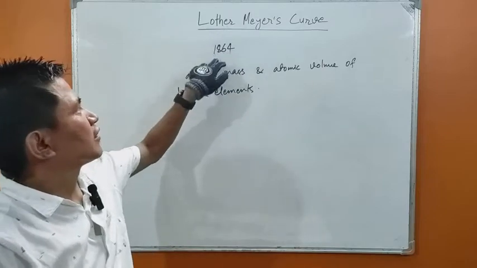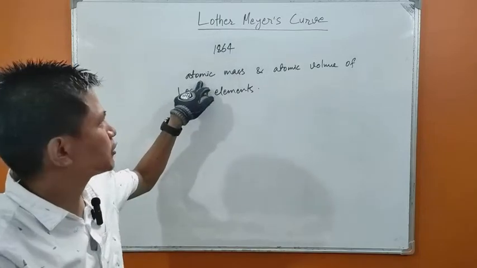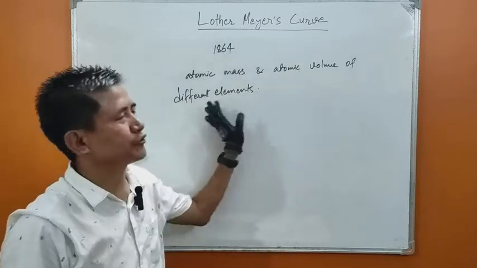Lothar Meyer conducted an experiment in the year 1864 and found the relation between atomic mass and atomic volume of different elements.